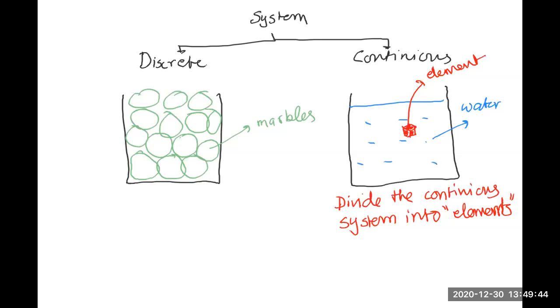Because the individual molecules are not going to behave like water. I hope you have read this in class 10, or generally, that individual molecules of water will not behave like water.